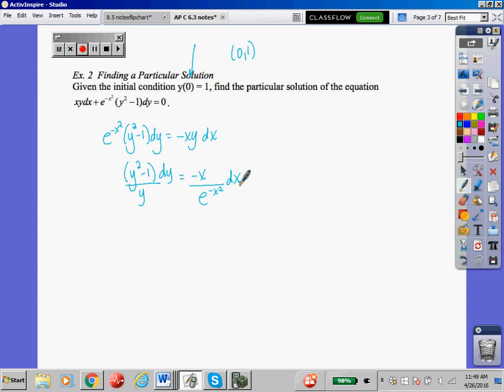I'm not done separating, because I could simplify on the right side. What do you know about e to the negative x squared when you have a negative exponent? You can pop it up and make it positive. So this is y squared minus 1 over y dy equals negative x e to the positive x squared dx. So on the right side, I end up with no fraction.